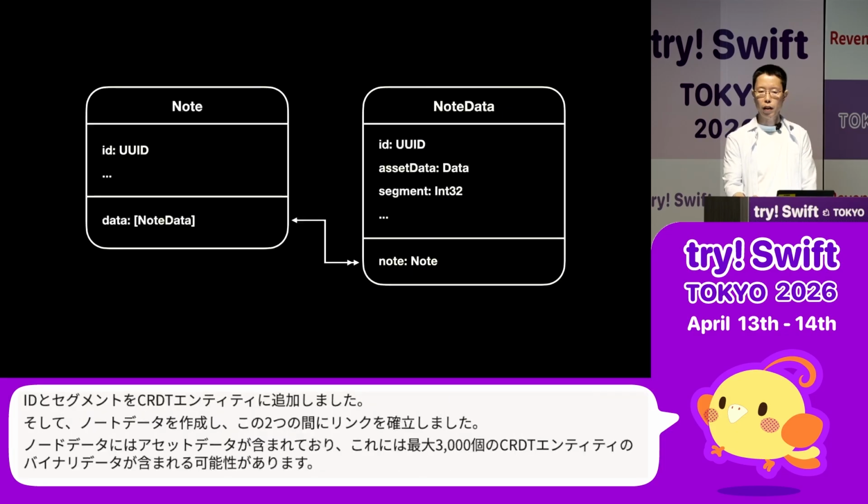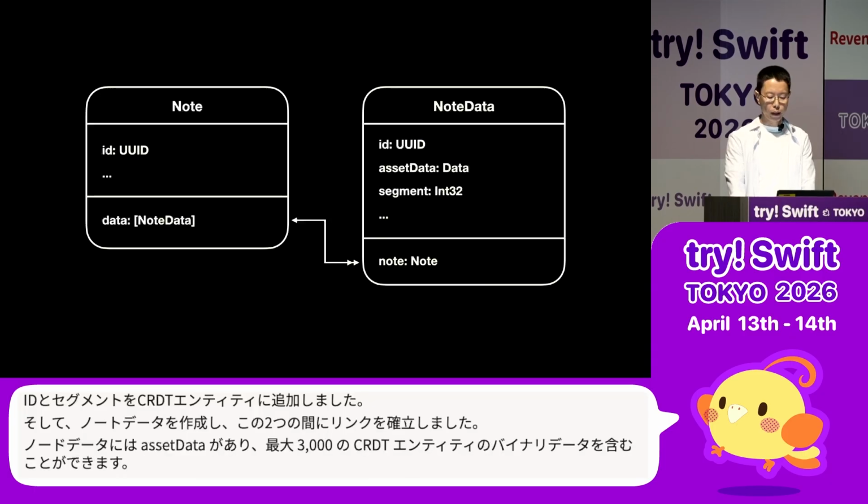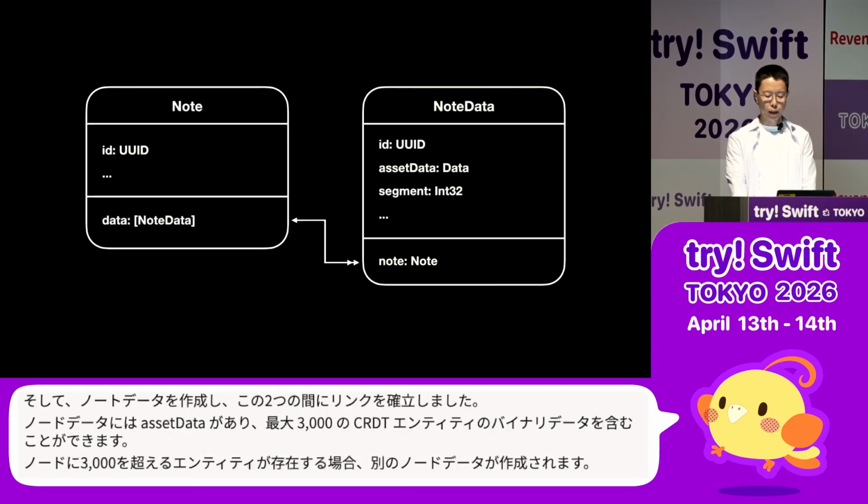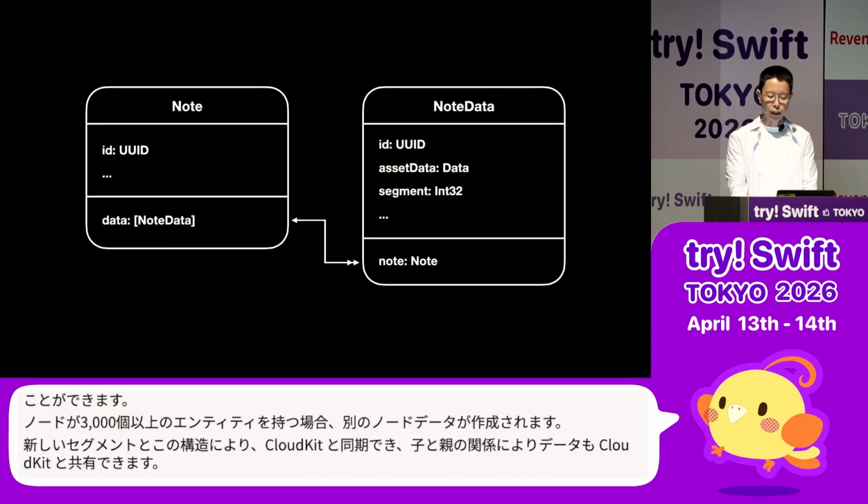If a node has more than 3,000 entities, then it will create another node data with a new segment. And with this structure, we can sync with CloudKit. And the data is also shareable with CloudKit because the child-parent relationship is established between node and CRDT entities without having too many records.